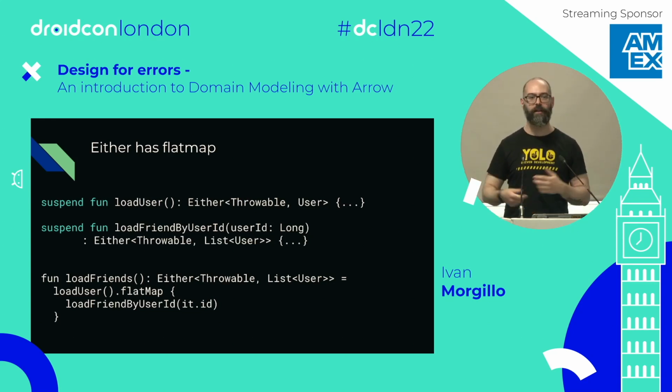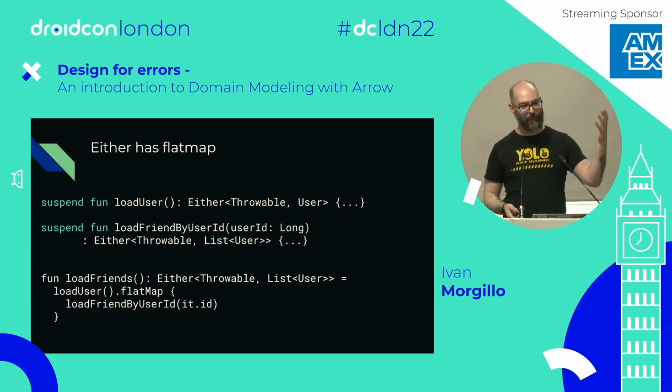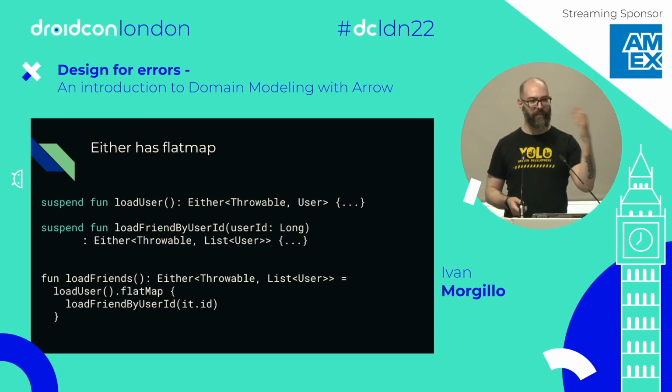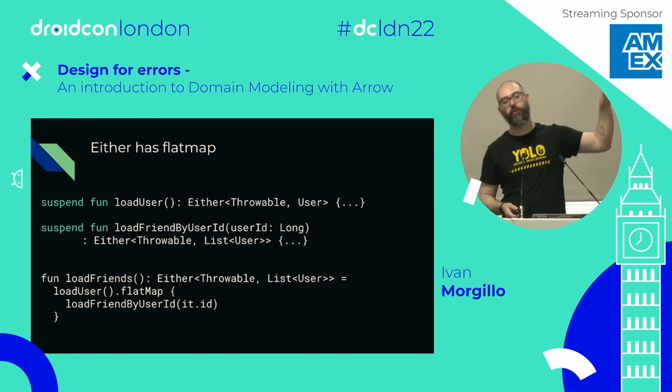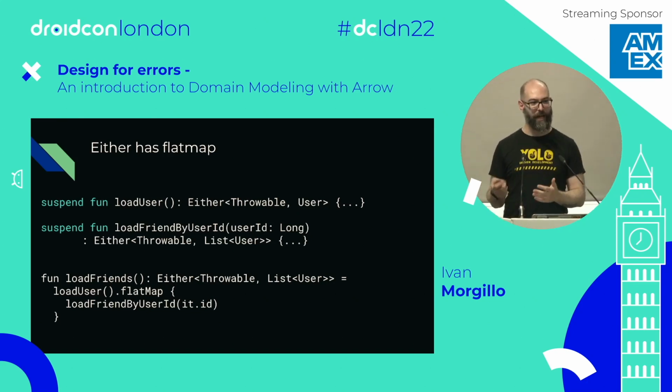If you know about RxJava, flatMap was there. It's a fancy way to say I'm going to take the input from the previous thing and feed it to the second thing if everything was right. And if there was an error, I just shortcut out of it, okay? So you have the error management for free, and you can plug things together.